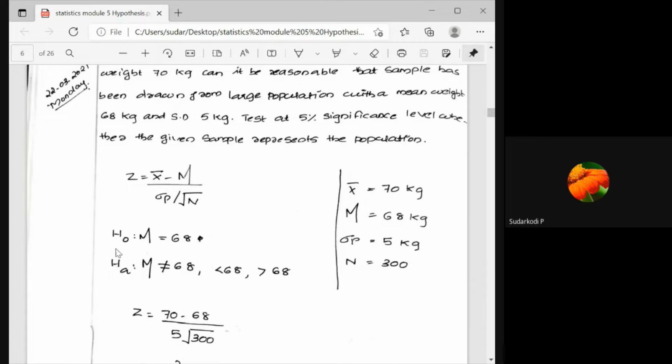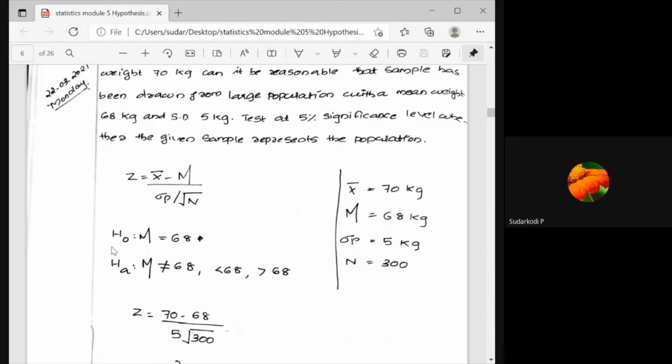Always your null hypothesis H naught is mu equal to 68. 68 is nothing but your population mean. You see that the population mean in the question, the first sum was with height, the second sum is with weight of the students or any respondent. So the population mean is 68 kg and the standard deviation of population is 5.